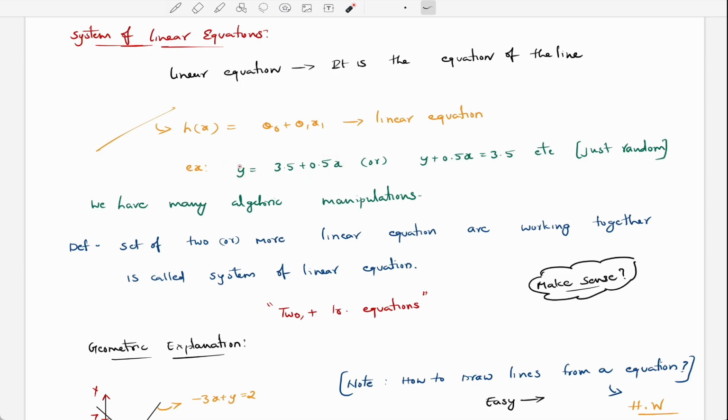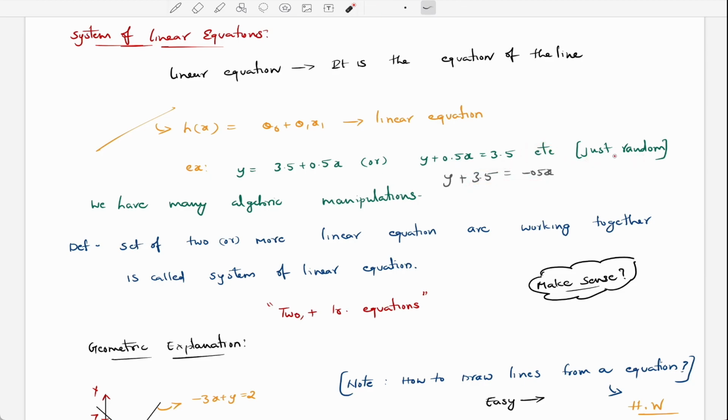For example, y is equal to 3.5 plus 0.5x, or we can write it in many ways, like y is equal to 0.5x plus 3.5, or y minus 3.5 is equal to 0.5x, etc. We can write it in many ways.